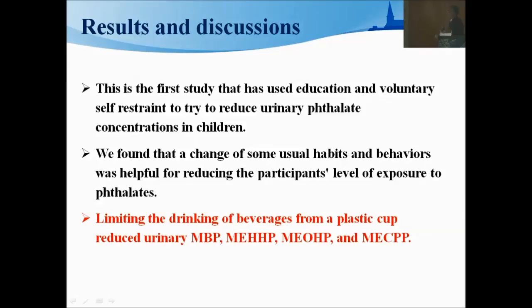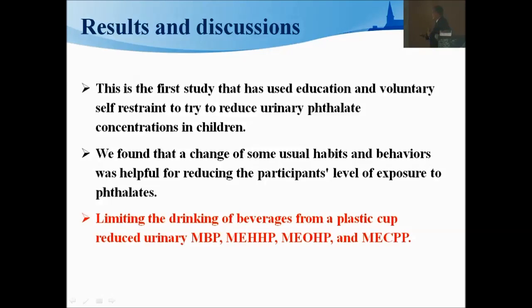This is the first study that has used education and voluntary self-restraint to try to reduce urinary phthalate concentration in children. We found that a change of some usual habits and behavior was helpful for reducing the participants' level of exposure to phthalates.